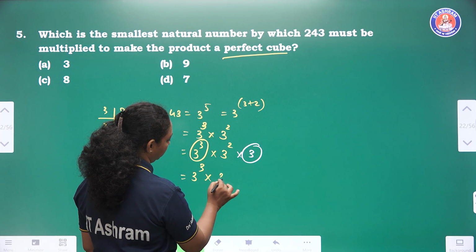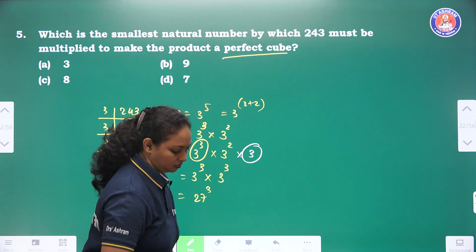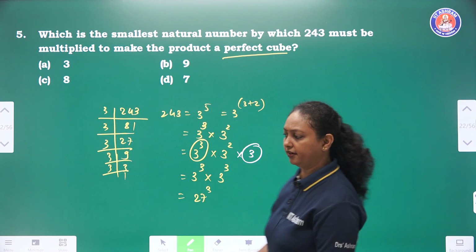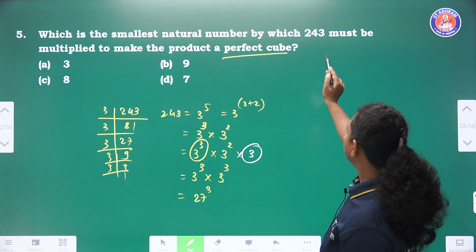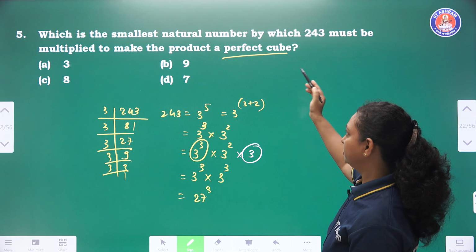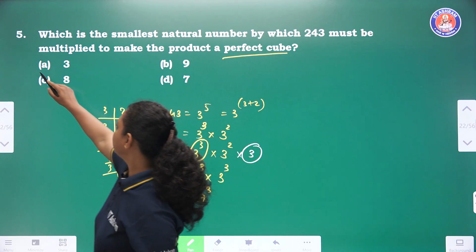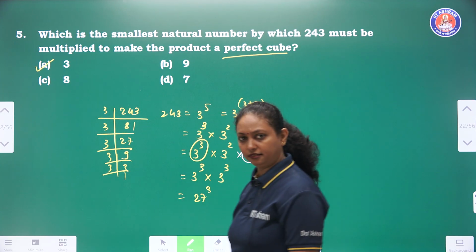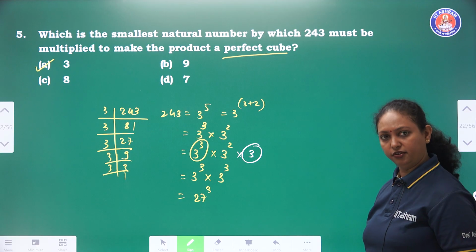So 3 cube into 3 cube, that is 27 cube. Right? So 27 cube is what? 729. So what is asked? The smallest natural number by which 243 must be multiplied. So obviously we have to multiply it by 3 to make it a perfect cube. Then it will become the perfect cube of 27.